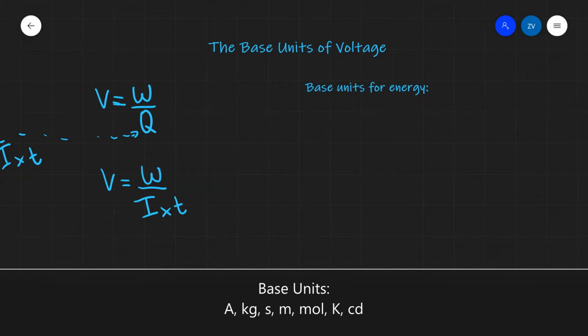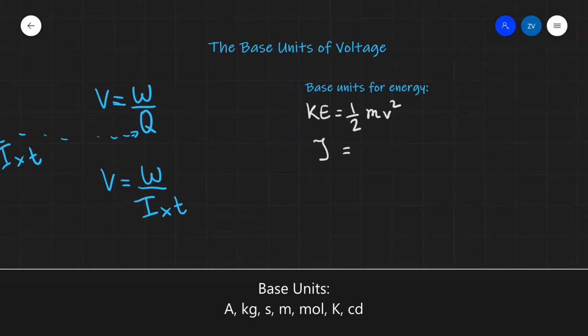Now, the best way to figure out the base units for energy would be to use your favorite formula for energy. Everyone has one. Mine would be the formula for kinetic energy. So what I'm going to do really is I'm just going to write that kinetic energy is equal to a half mv squared. Now, kinetic energy is measured in joules, and we can derive the base unit from this equation.